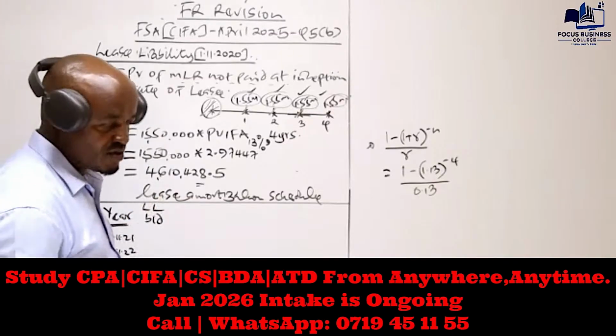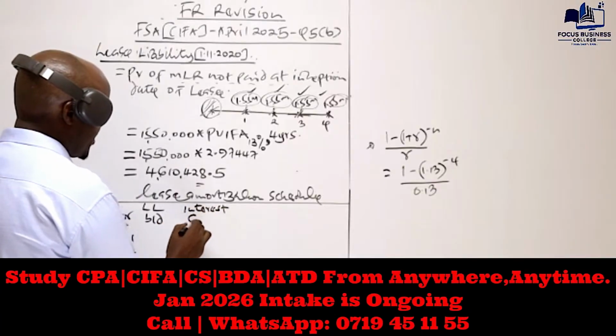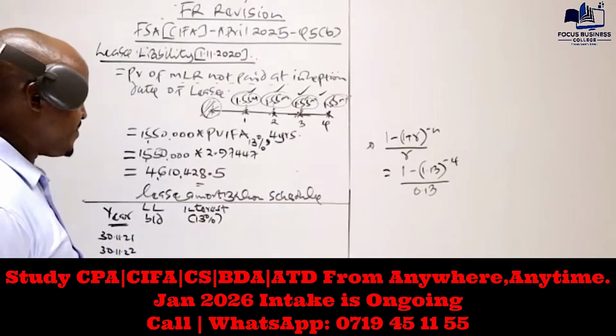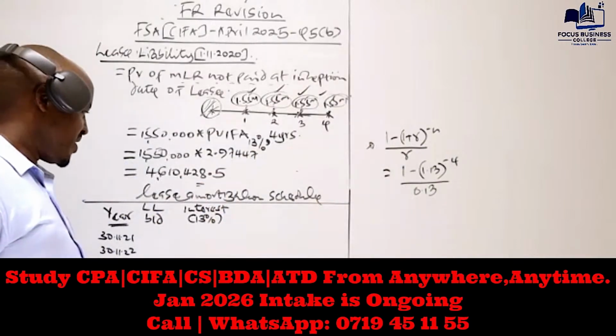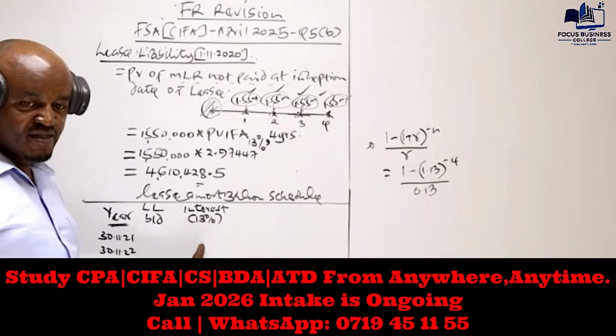So then the next column here should be for the lease liability at the start of the year. The next column will be for the interest, which we computed at the rate of 13%. But if these minimum lease rentals were payable in advance, the next column after the lease liability should be for the cash paid, the minimum lease rentals paid.